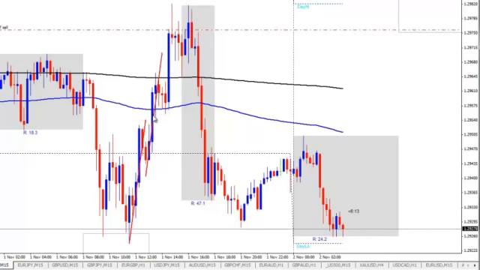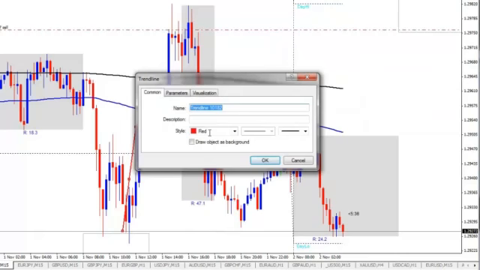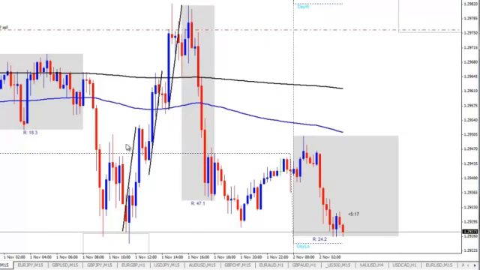We have this push here, and then the third one right here. Let me delete these really quick and do them in a different color. Turn these black. Once we got the three intraday pushes to the upside, we're starting to get some confluence for the short.